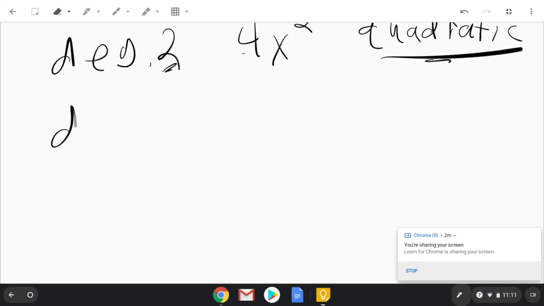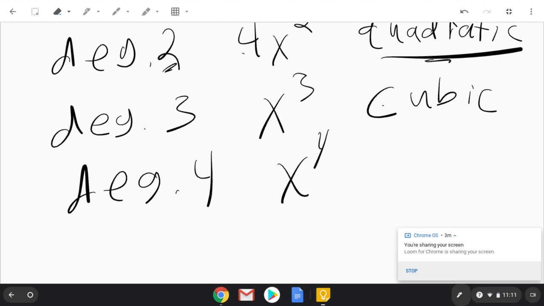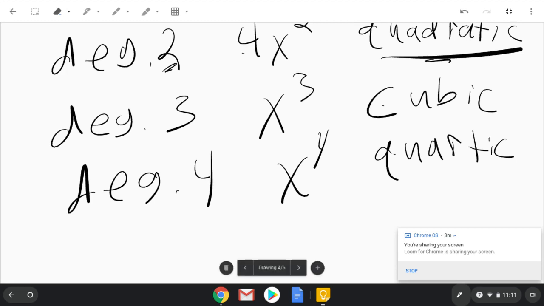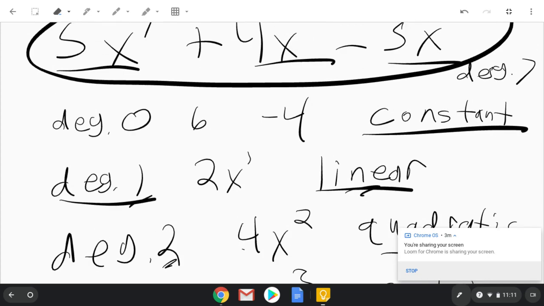Degree 3, let's say it's x to the 3rd power, would be considered a cubic. Degree 4, x to the 4th power, would be called quartic.